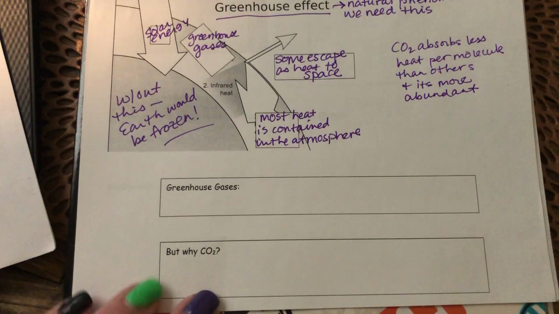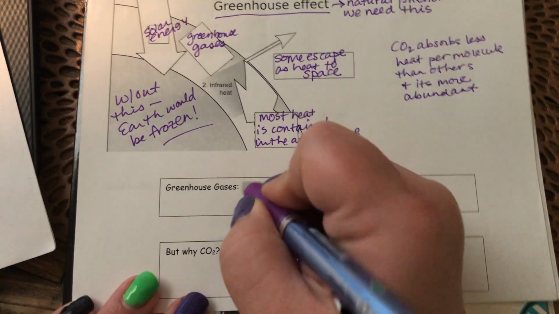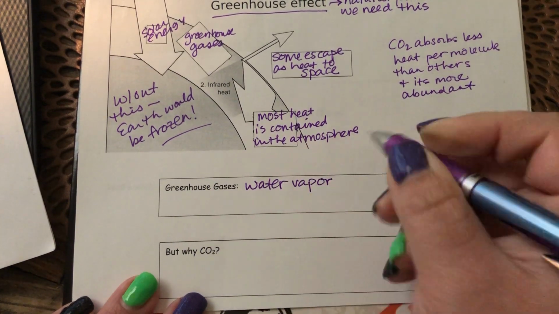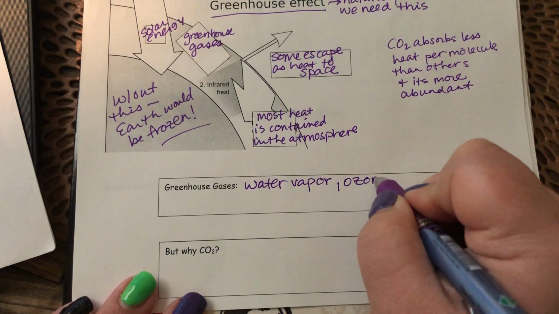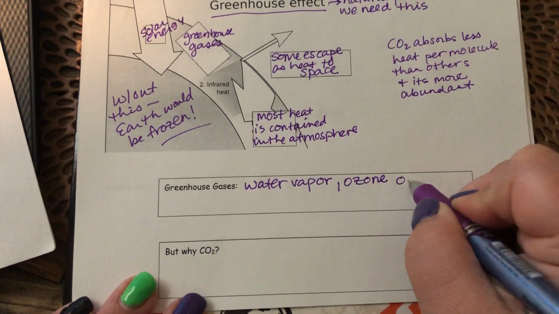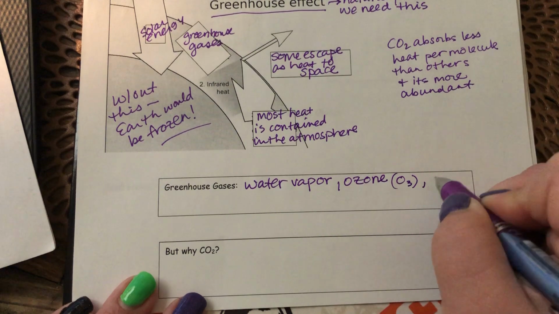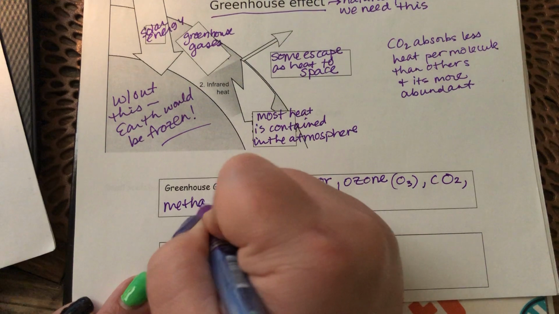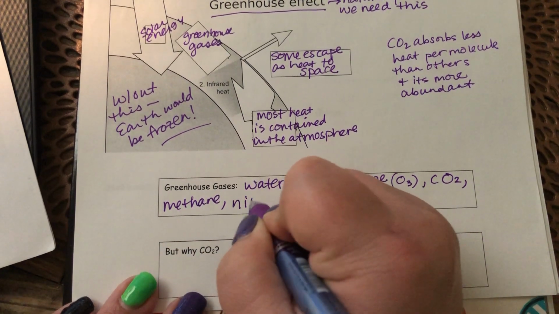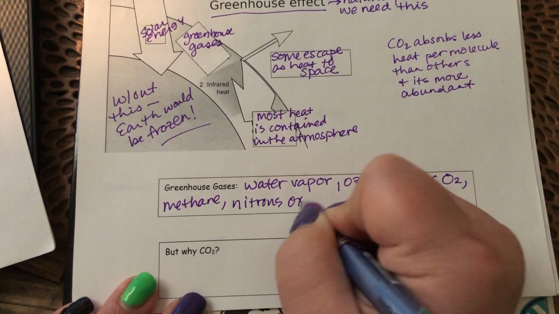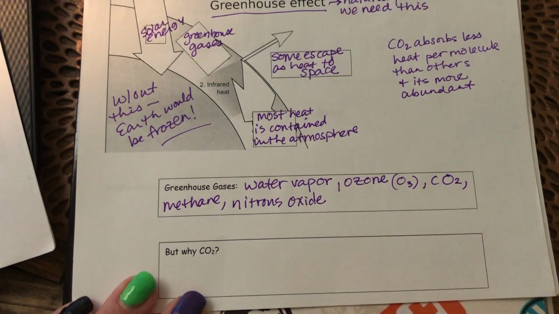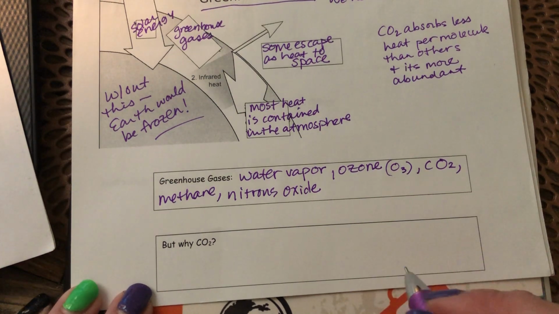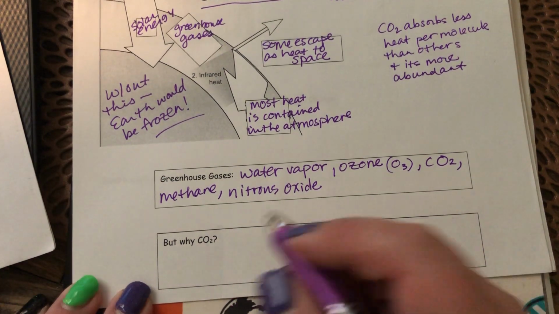Greenhouse gases, okay? One of the main ones is water vapor, which we don't normally think about as being a gas. Okay, ozone, which, if we know oxygen is O2, ozone is O3. Carbon dioxide, okay, methane, and actually nitrous oxide. Sounds strange, but it is a greenhouse gas. Okay, but why is CO2 such a problem?